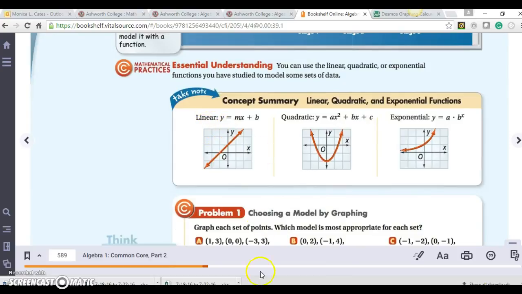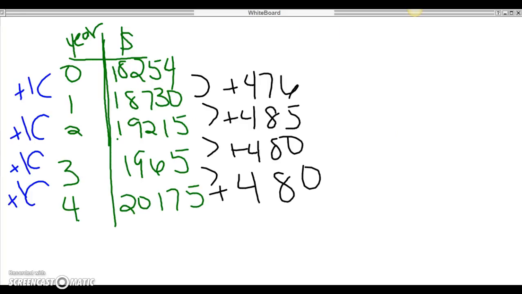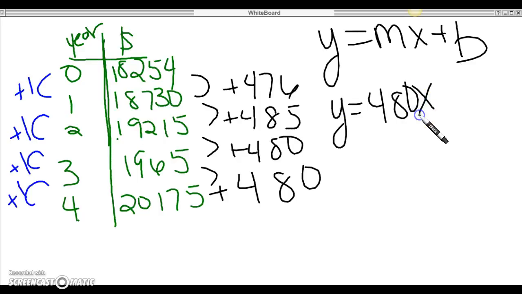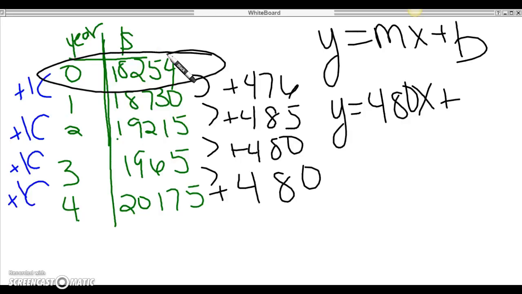And we know we're looking at y equals mx plus b, where m is my slope, and I'm going to use just this 480 as my slope because that's my rate of change. And my y-intercept is the place where it crosses the y-axis. Okay, so there's the equation.